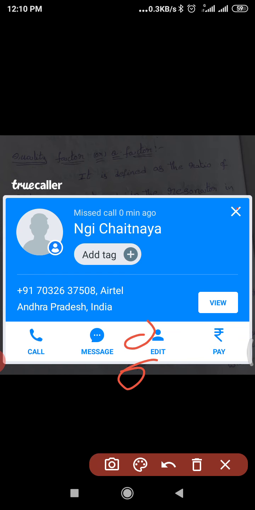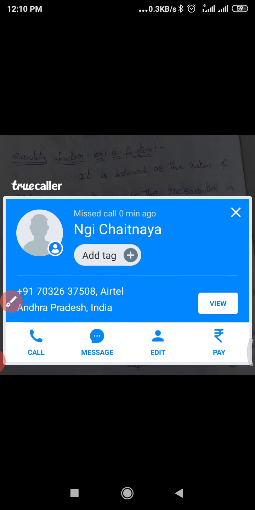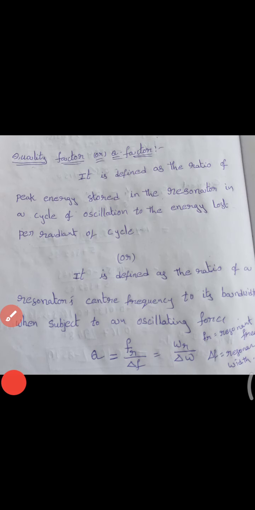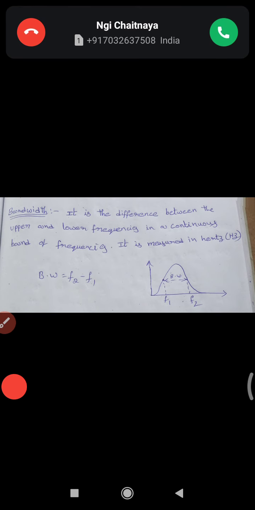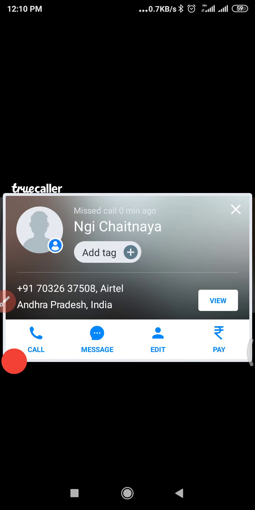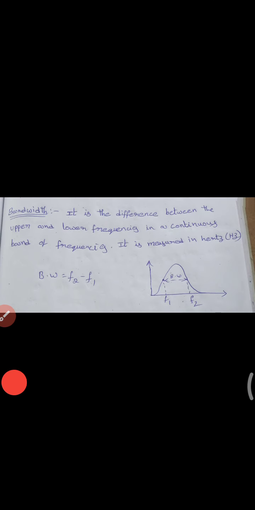Both are frequencies, and if we cancel each other, then we get a unitless quantity. So this quality factor is a unitless quantity. But coming to the bandwidth, both upper frequency and lower frequency are frequencies, so the unit of the bandwidth is hertz. That is f2 minus f1. So this bandwidth also plays a very important role in electronics.